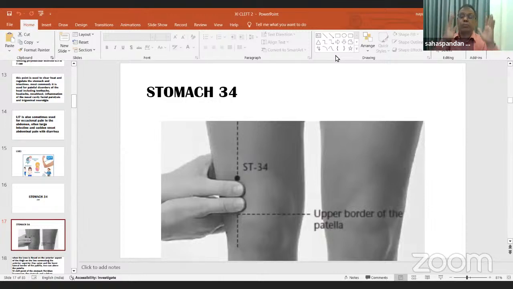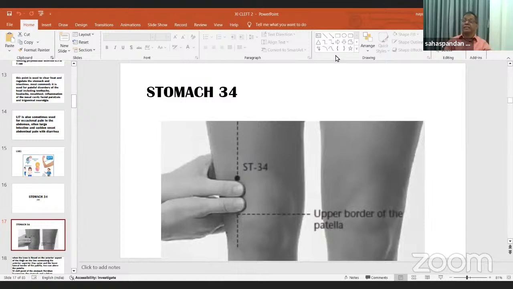So this point, ST34 of the stomach meridian, harmonizes the stomach and subdues the rebellious chi. The chi that is flowing in reverse, this point straightens it.